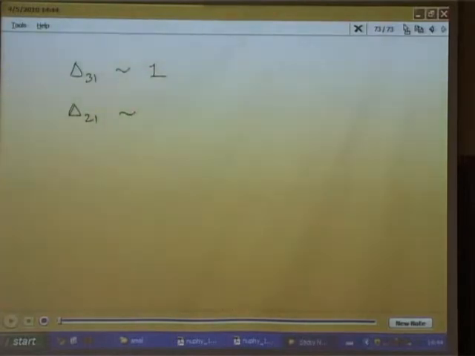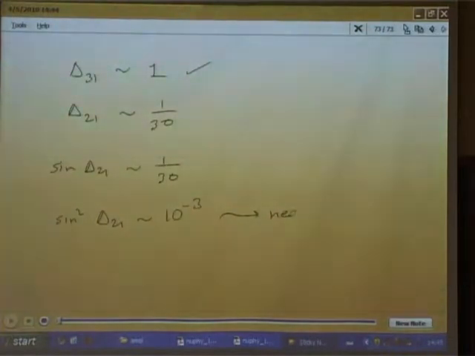It's about 1 by 30, a factor of 30. So it's 1 by 30. This means that sine of delta 2 1 is 1 by 30, which means that sine squared of delta 2 1 is nearly 10 power minus 3. So therefore, if we have experiments where delta 3 1 is of the order of 1, then this term is negligible.